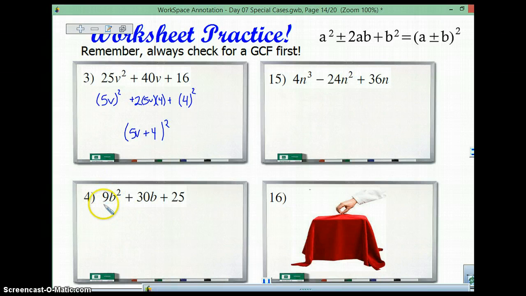First, is there a GCF? No, there's no number that goes into all three terms. So we've got a trinomial. We ask ourselves, does this look like it could be a squared? Yes. Does this look like it could be b squared? Yes. So then we're going to rewrite it as a squared plus 2ab plus b squared.